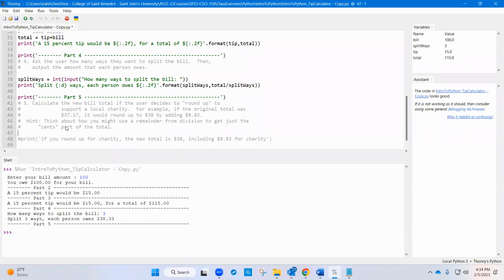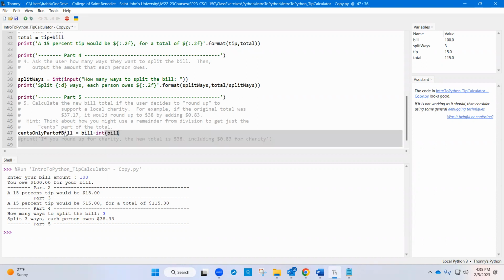To get that part, there are two ways. Here I ask you to think about using the remainder. So you can say the cents only part of the bill. That would be if you take the bill and subtract from it the integer part of the bill.